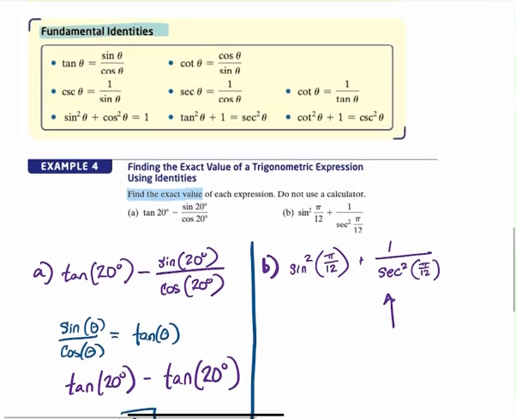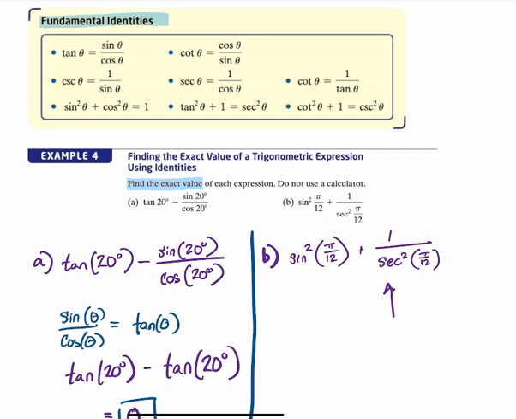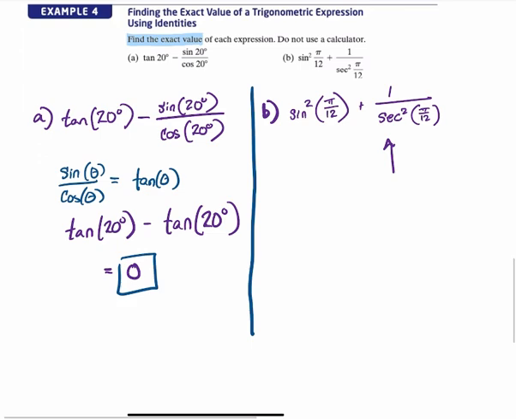Looking back at our identities, the secant and the cosine are reciprocals. So we can either say the secant is 1 over the cosine or cosine is 1 over secant. We can express it in that way too. So this 1 over secant squared of pi over 12, we can turn into just the cosine squared of pi over 12. And let's just bring down this sine squared of pi over 12. So we're using a reciprocal identity.